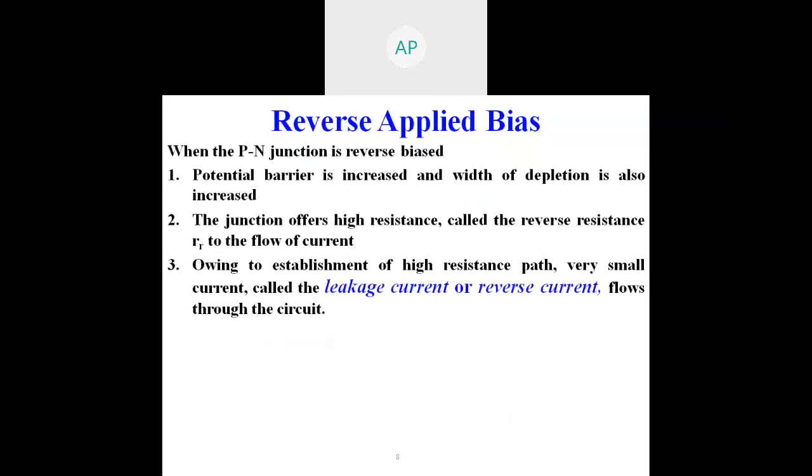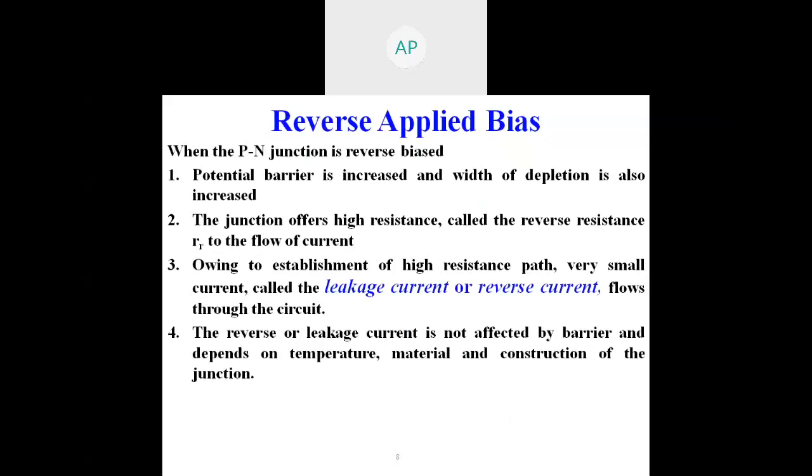So guys, remember that here a small amount of current flows due to the minority carriers, whereas for the forward bias, majority carrier combinations are responsible.